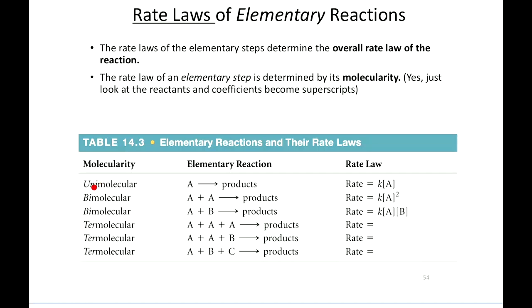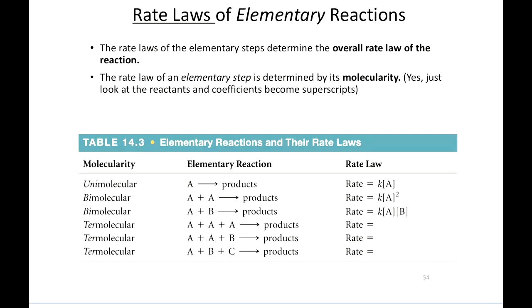So here, for this unimolecular reaction, if there's only one reactant involved, the rate law for that step is just A to the order of 1. If it's bimolecular, then it's A squared in that case. These two reactants are the same, so it's two A's interacting, but we can also have a bimolecular reaction where it's A and B coming together.